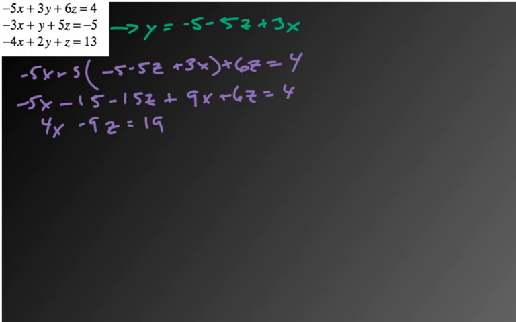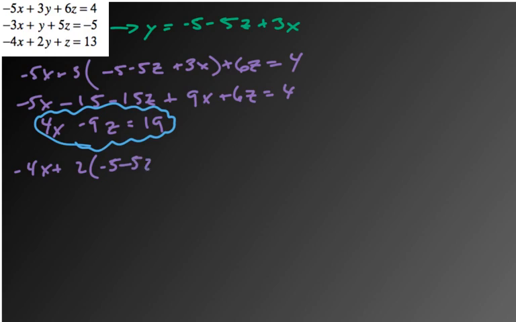All right, so that's one of them. Now I'm going to plug the y expression into the third equation, so negative 4x. And then I'm just going to distribute the 2.